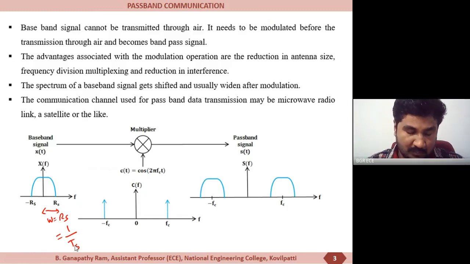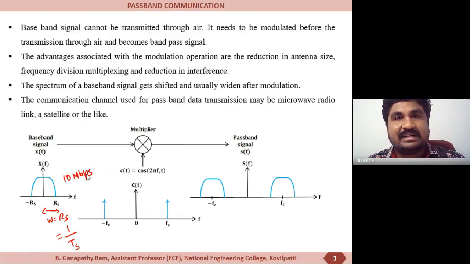So if I would like to transmit a signal at 10 megabits per second, then I need a bandwidth of at least 10 megahertz in the case of a baseband transmission system.